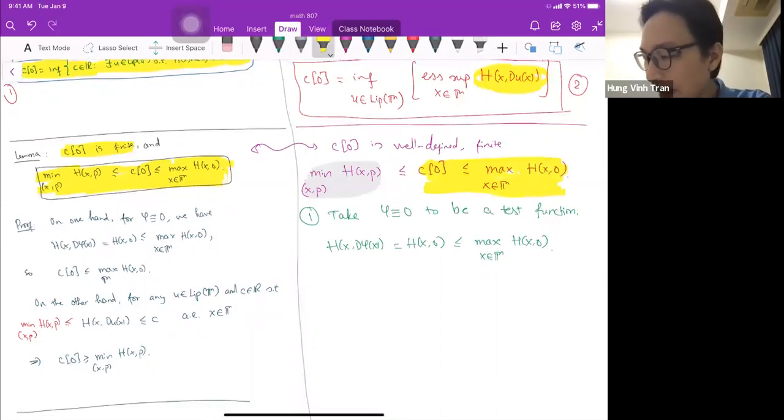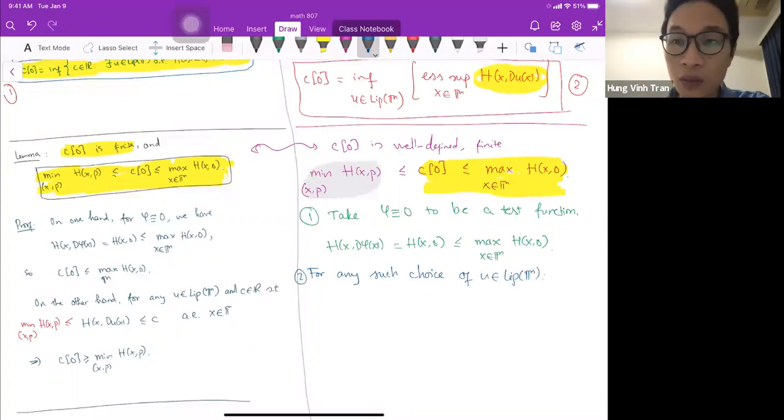On the other hand, the second point is that for any such choice of Lipschitz functions, clearly it's defined almost everywhere.